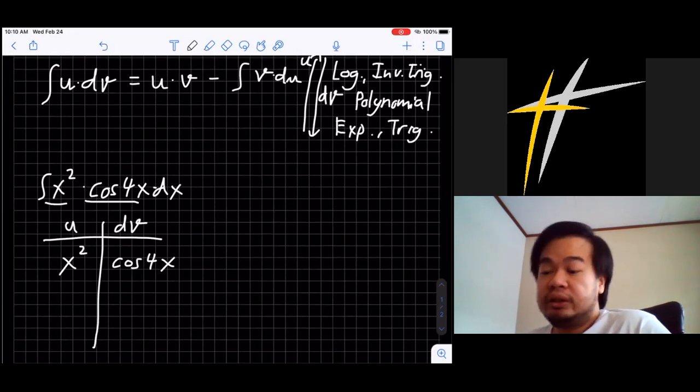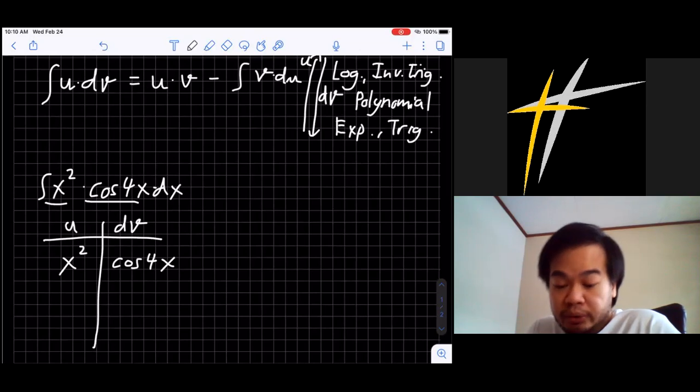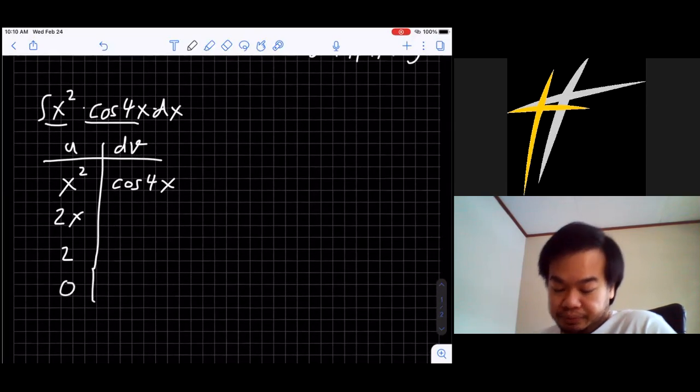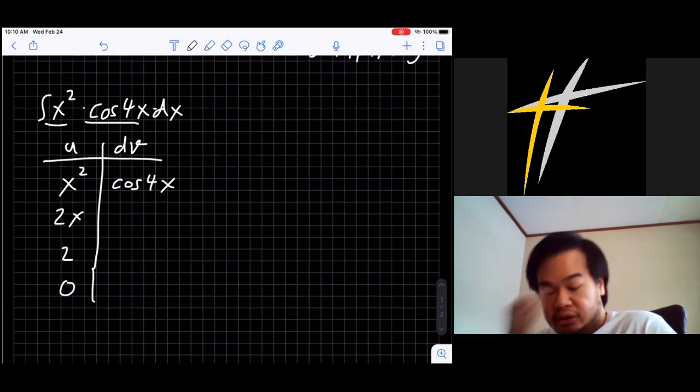Because we usually differentiate u, we keep differentiating it until we get 0. And for dv, we usually integrate it, so let's integrate it.